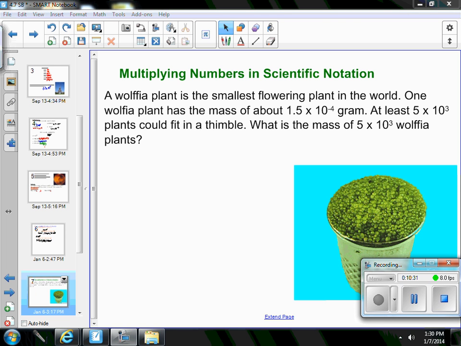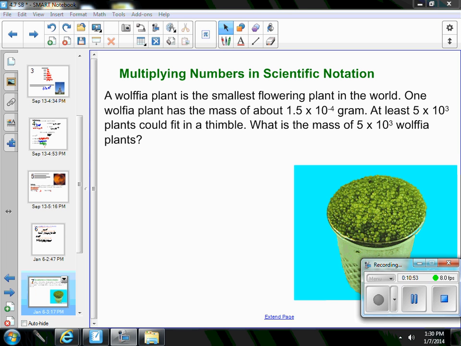One Wolffia plant has the mass of 1.5 times 10 to the negative fourth power. At least 5 times 10 to the third plants could fit in a thimble. What is the mass of 5 times 10 to the third Wolffia plants?